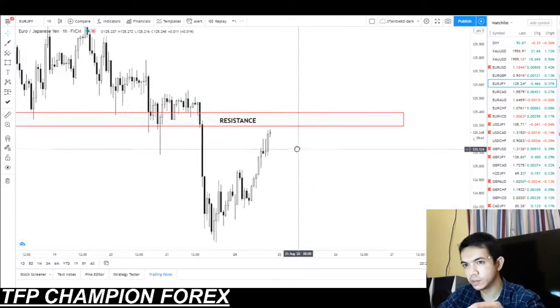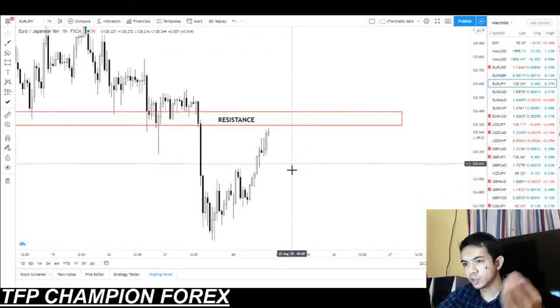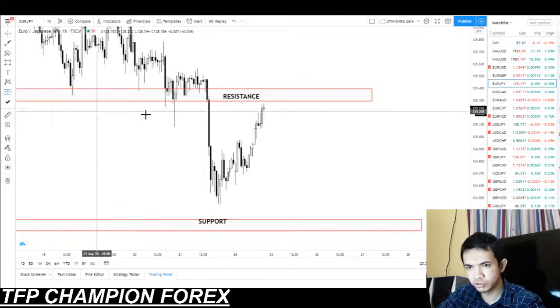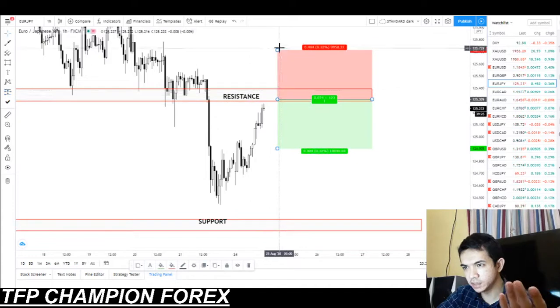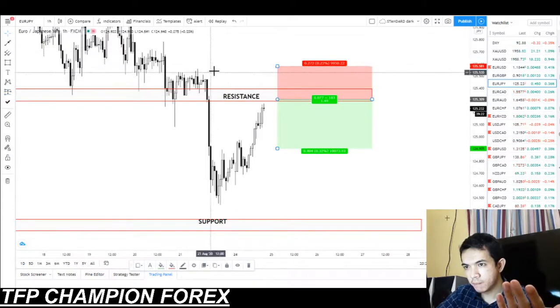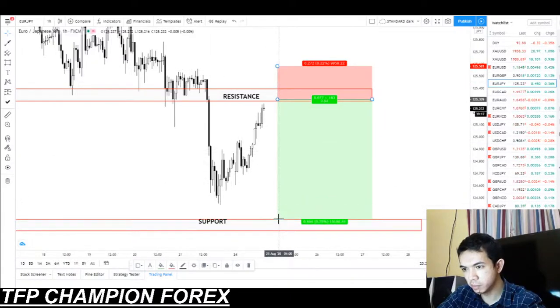Then after that, I will look for candlestick formation. Any selling pressure, any rejections that I see, then I will sell this market. Setting my target: if I take a trade, for example, I would find a selling pressure candle here, my stop loss above this structure, and my take profit probably here.